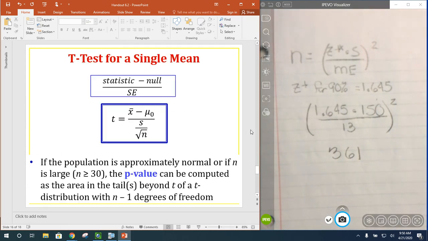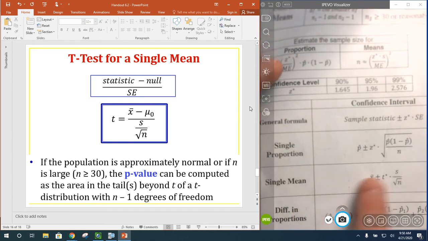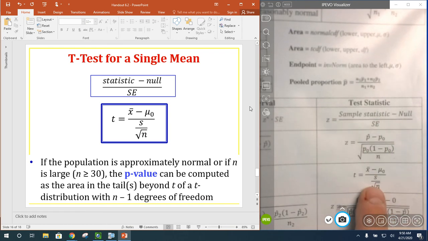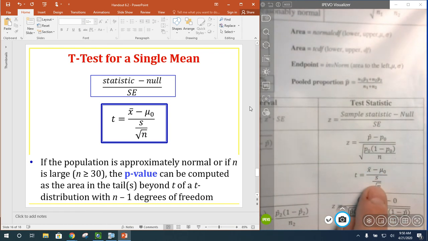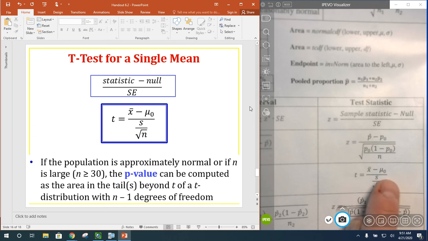Almost done. So if we're doing a t-test for a single mean, again I'll bring your attention back to your sheet: single mean, confidence interval, test statistic. We're going to take the sample x bar, minus the null, and divide it by the standard deviation divided by the root of n, which is really our standard error.